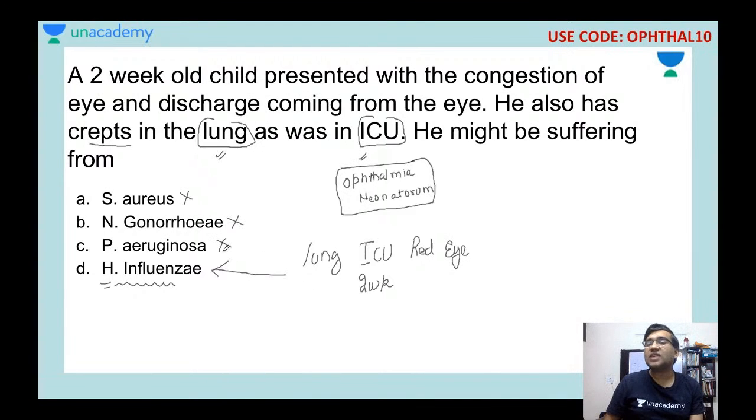Pseudomonas aeruginosa usually does not cause congestion of the eyeball. It usually causes a perforating corneal ulcer, a rapid onset corneal ulcer. It is also not very common with the lung crepts. Okay, so the systemic features, the lung crepts and the ICU, basically tell you about the diagnosis of Haemophilus influenzae. Are you getting my point?